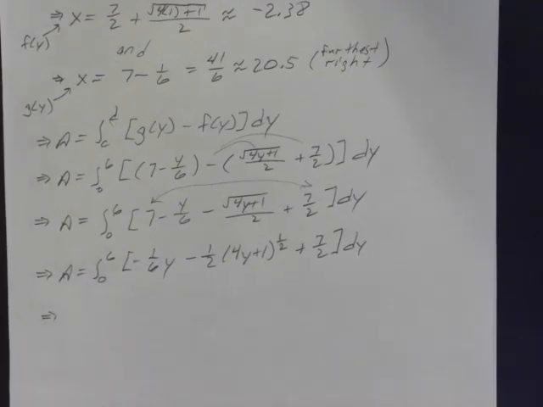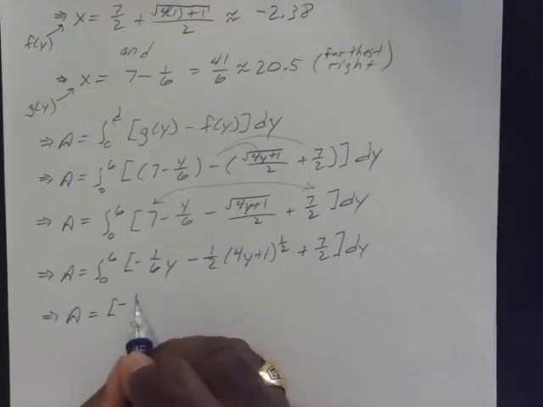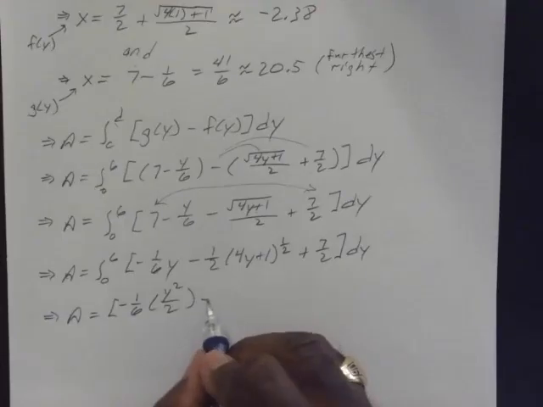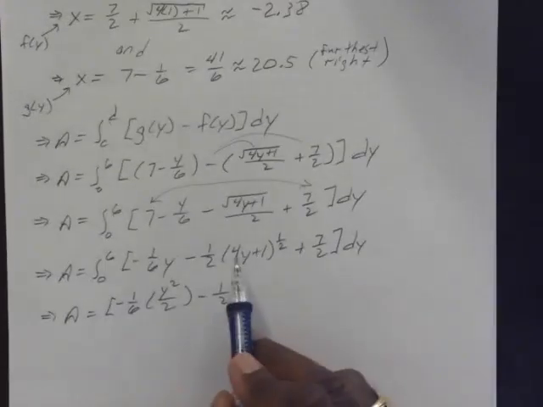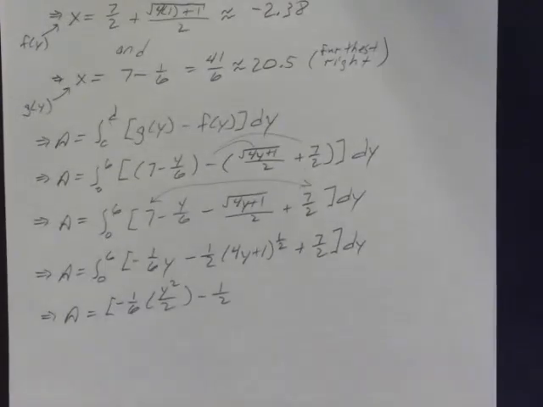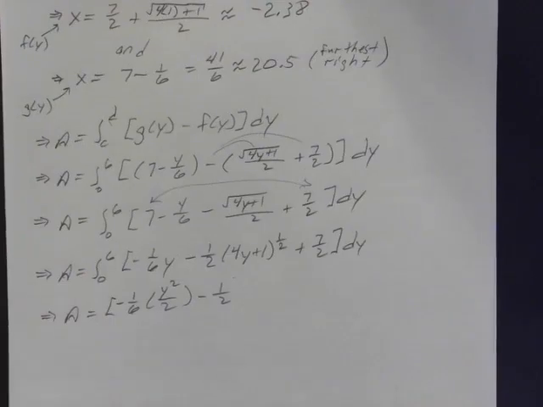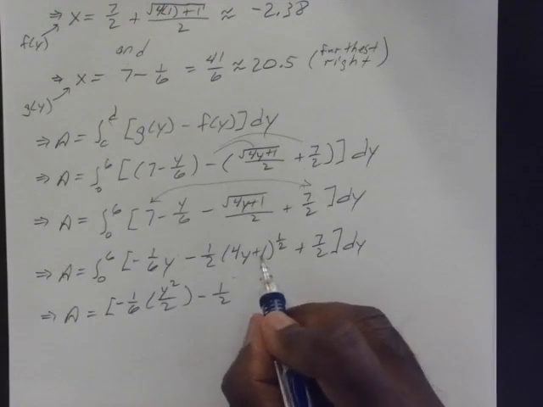Okay, so we're almost done, I promise. So the area is equal to, we can go ahead and integrate each term. That's negative 1/6 times the integral of y, which is y squared over 2, minus 1/2 times the integral of 4y plus 1 to the 1/2 power. So when we have that one, we have to use the u substitution. u is equal to 4y plus 1.